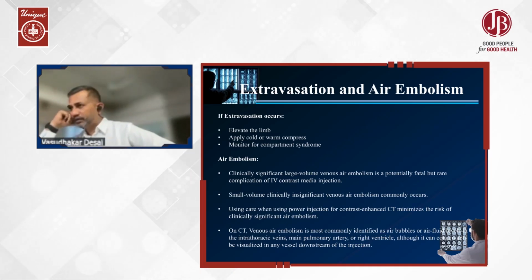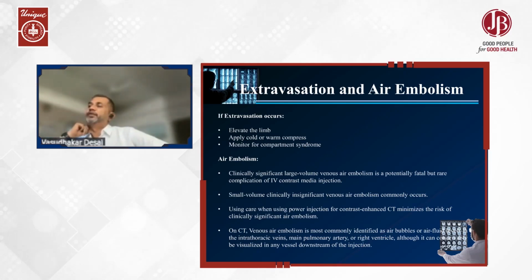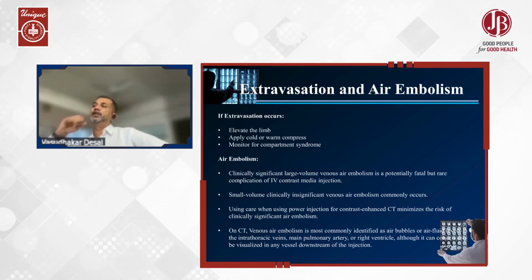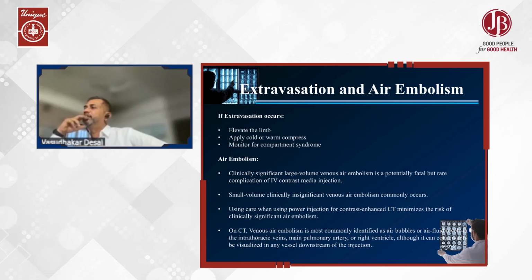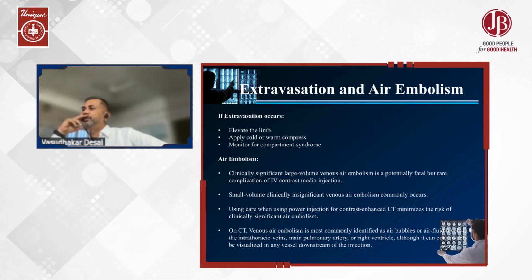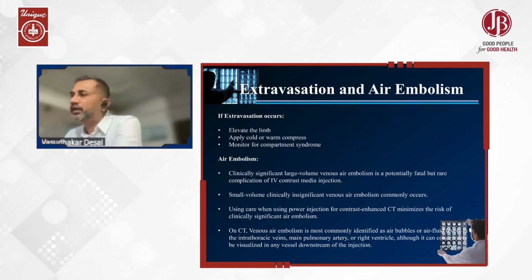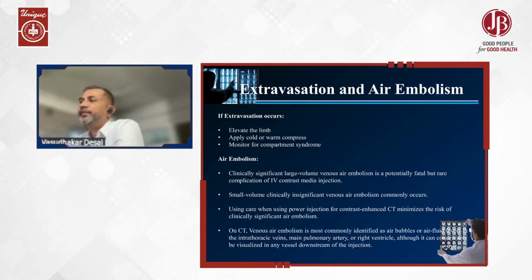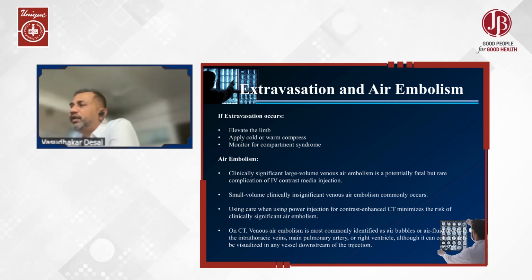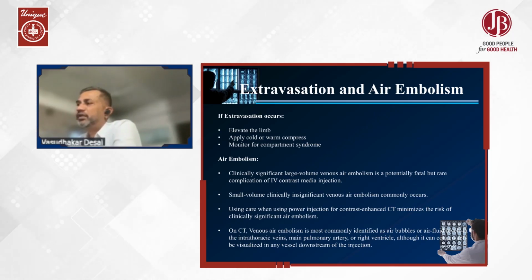And then next, air embolism. A clinically significant, large-volume air embolism is a potentially fatal but rare complication, and very rare in IV contrast media injection. Small-volume, clinically insignificant venous air embolism commonly occurs, but it is visible, so it can be taken care of.